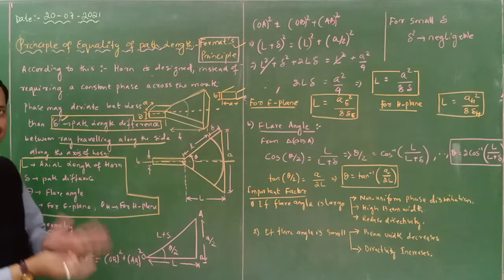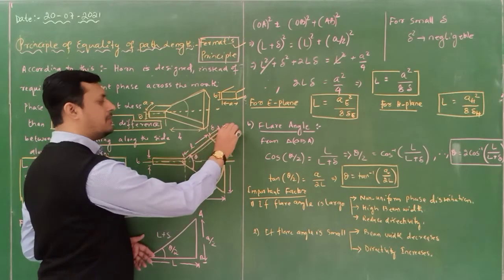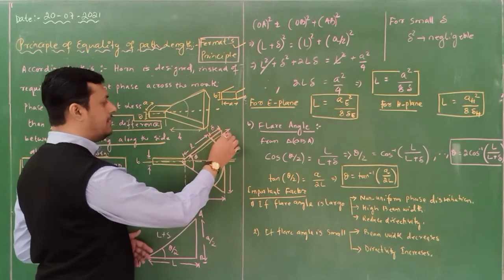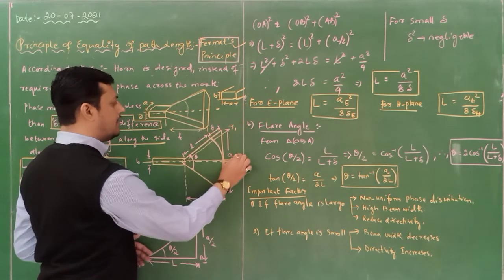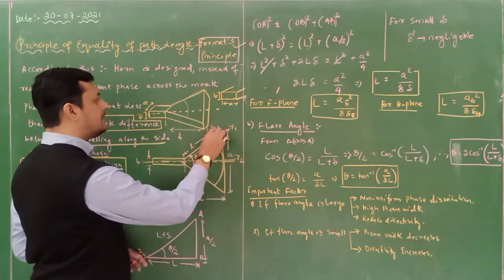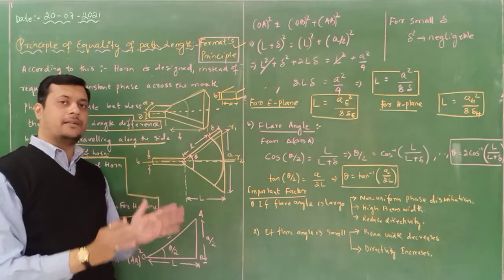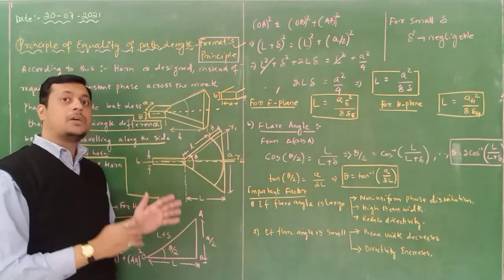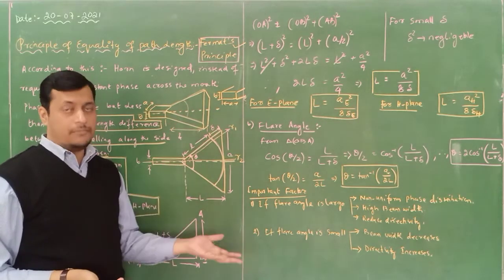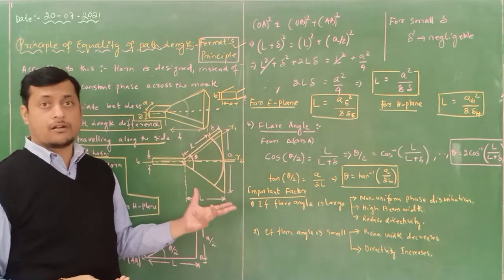That means it is a path difference between the wave which is propagating in this particular direction as well as in this particular direction. Let us consider this is R1 and this is R2. If I take the difference, the resultant will be my delta. So this delta will decide whether a non-uniform phase is going to come into picture or a uniform phase is going to be maintained through a particular horn antenna.